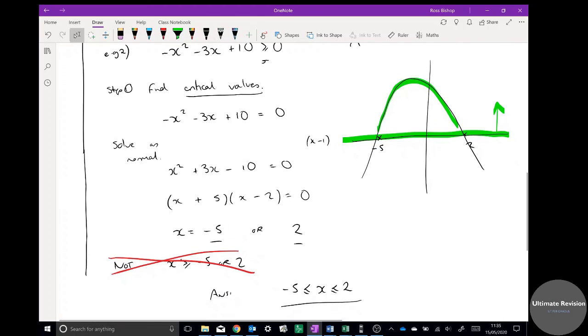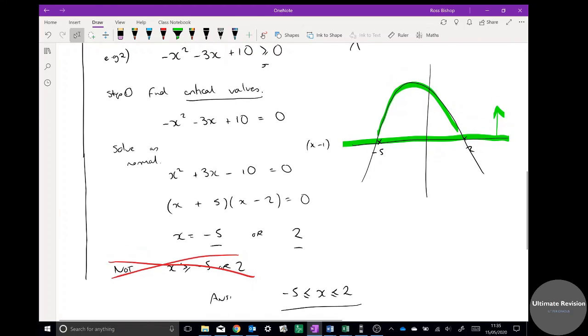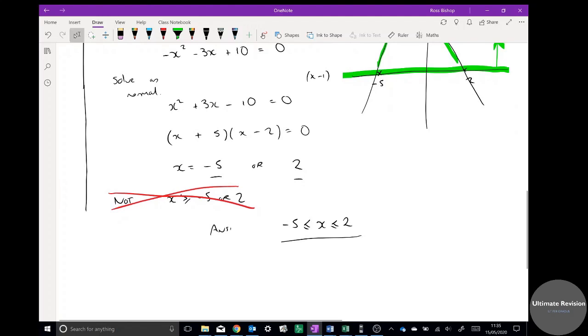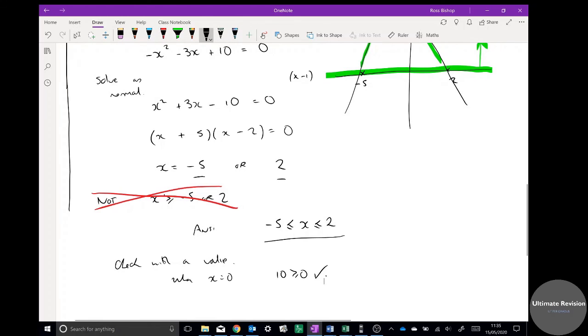Okay? And I can check my answer. If I pick a value, 0, that falls between there, and put 0 into there, I get 10, which is bigger than or equal to 0, so I know that that is correct.